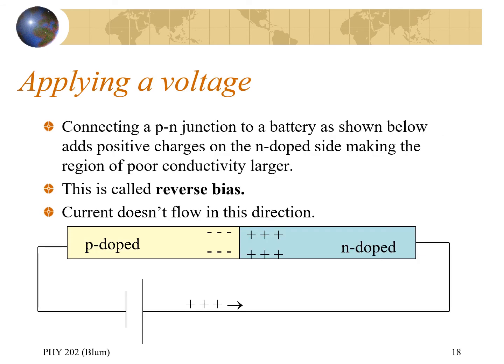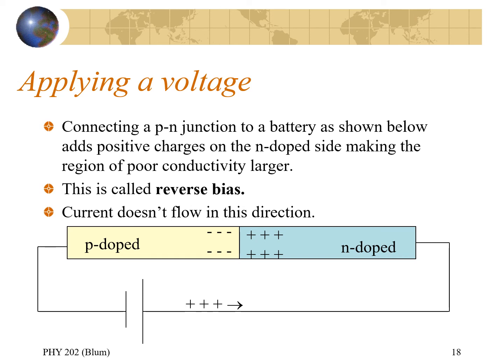Let's attach a battery to our P-N junction, and let's have the positive side of the battery connected to the N-doped. So the battery pushes charges round, and it pushes them onto the N-doped side of the P-N junction. Well, there's already a bunch of positive charges on the N-doped side of the P-N junction, and these additional positive charges are just going to make a bad situation worse, and this is called reverse bias.